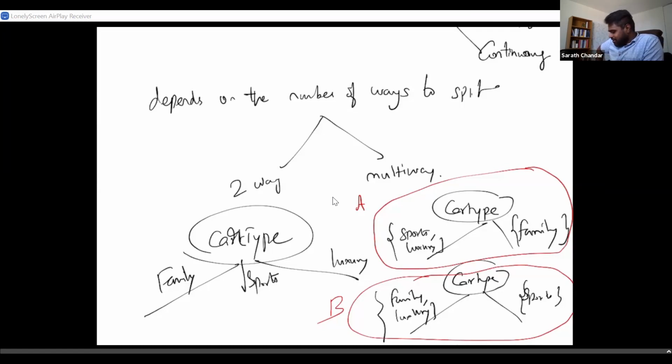Okay, can someone who said yes for B tell me why B is a good split? Is there any answer? Okay, random click. Someone who genuinely thought B is the best.